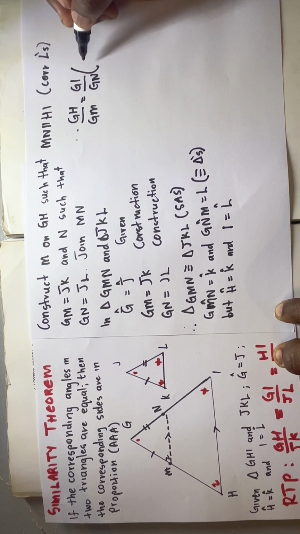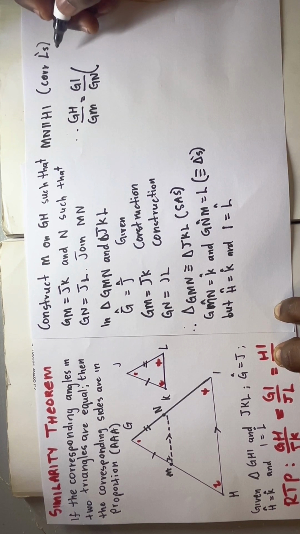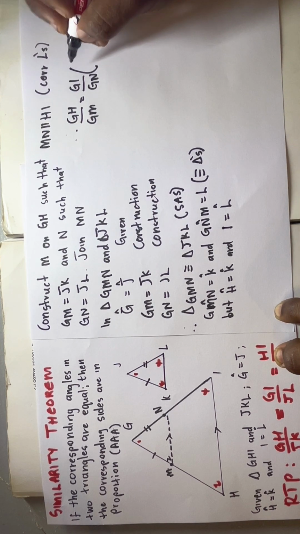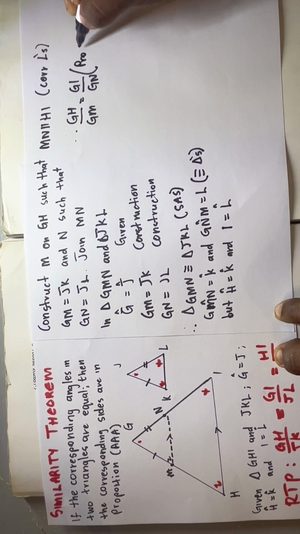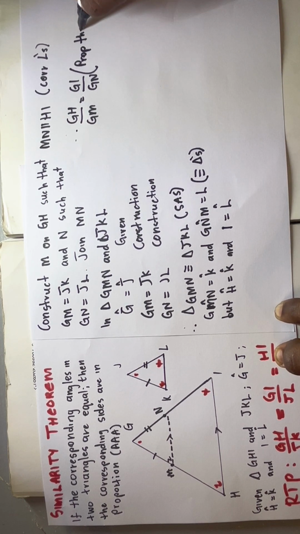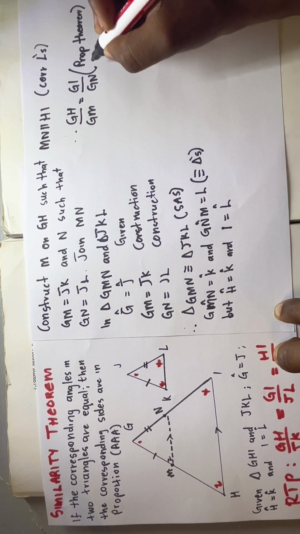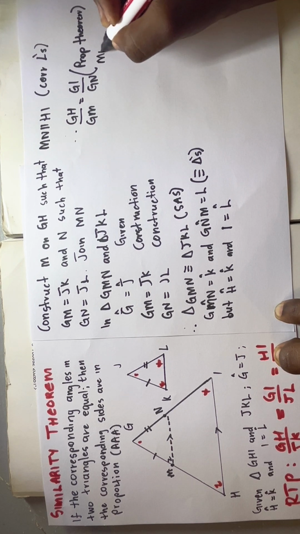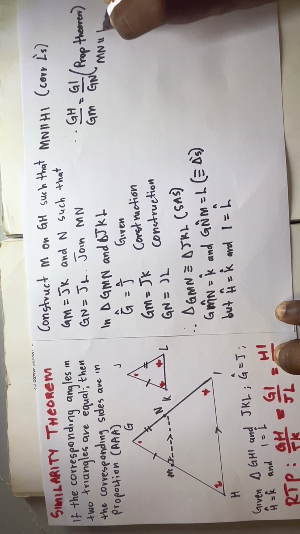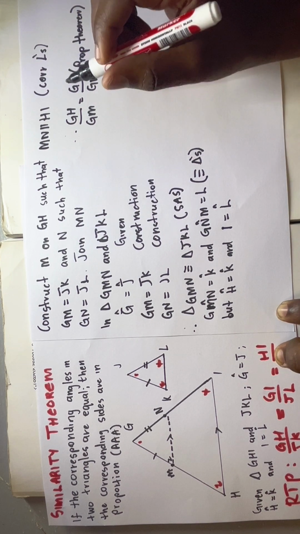This is going to be simply because of proportionality theorem. Why proportionality theorem? Because we know that now our MN is actually parallel to our HI. That's why we are concluding on that.